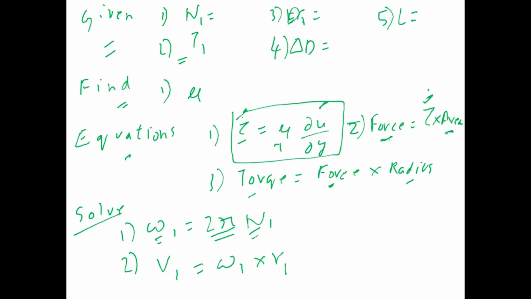So you know n1, that is, n1 is 300 rpm. So you know omega 1, and you know r1. R1 has been given to you because you have been given the diameter, so you can multiply r1 with omega 1 and you get your linear velocity.